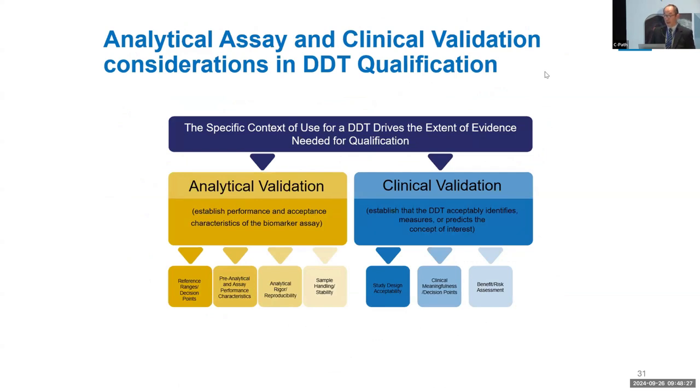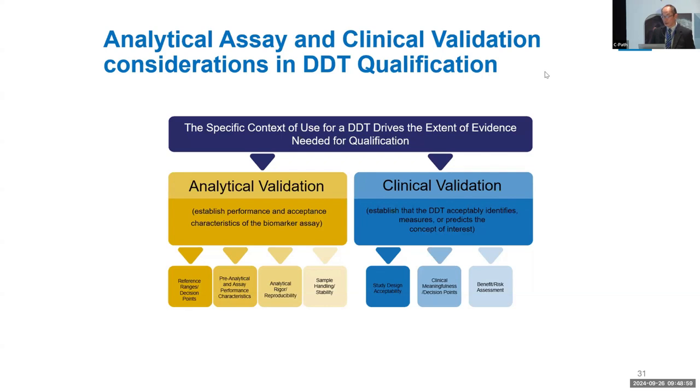You would expect that your tool would meet certain standards of reproducibility, and it has to meet regulatory acceptance for reproducibility and expectations. That would also include how you collect the samples, how you handle the samples, and how you characterize your analytical performance based on the needs for the clinical side.